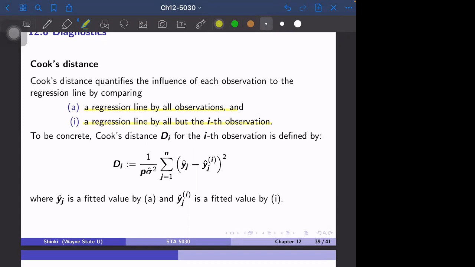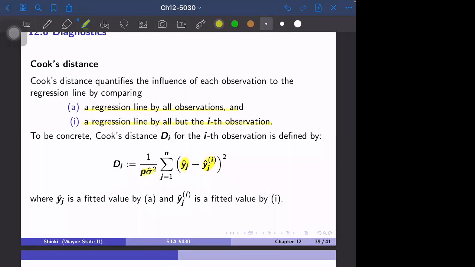So D_i is basically the sum of squared residuals between y_j hat and y_j hat superscript i. Y_j hat superscript i is the estimate for the jth observation, but that estimate is made without the ith observation. Y_j hat without any superscript is the usual estimate, so it uses all observations to estimate y_j hat.